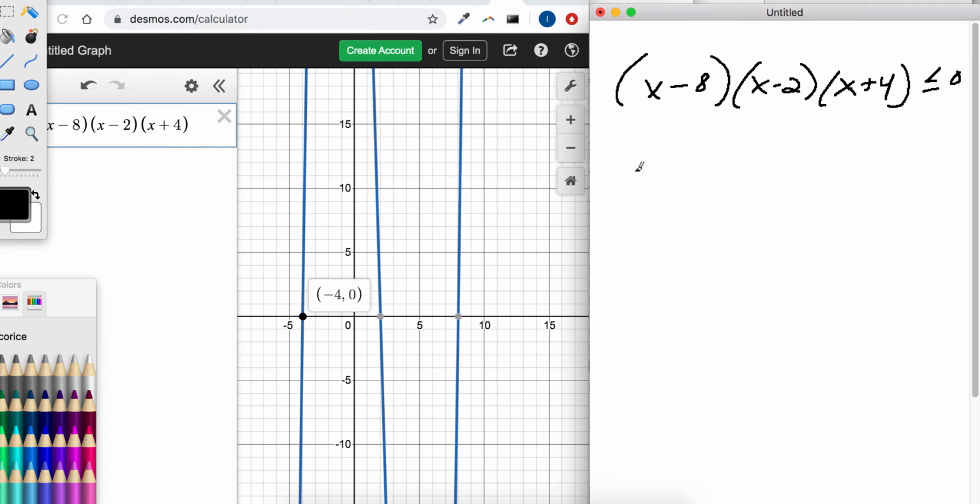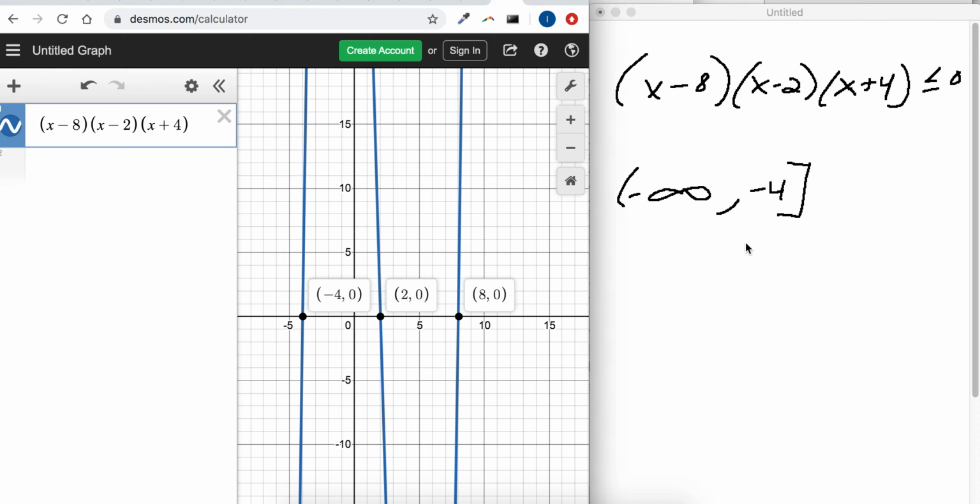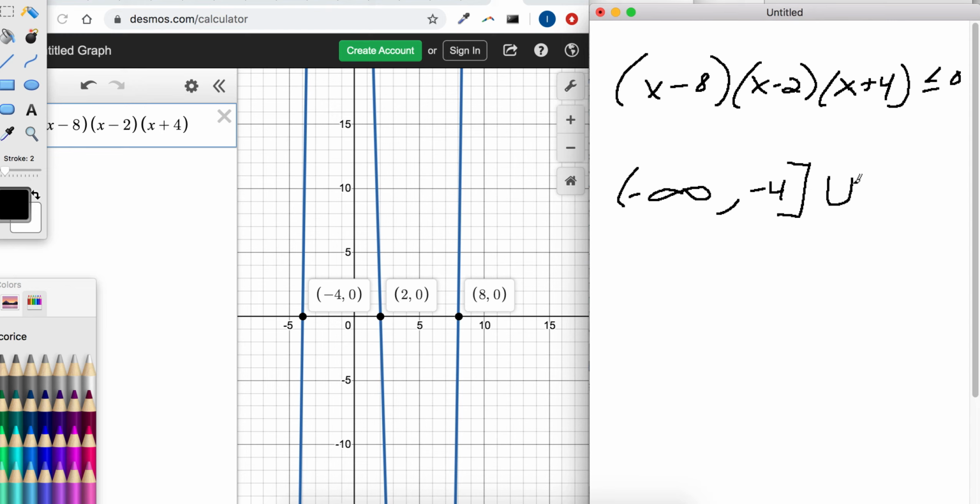So from negative infinity to negative 4 bracket, because look, we got the equal sign. The polynomial is giving us negative numbers. And then look, between 2 and 8, it's also giving us negative numbers. So again, brackets because of the equal to symbol underneath.